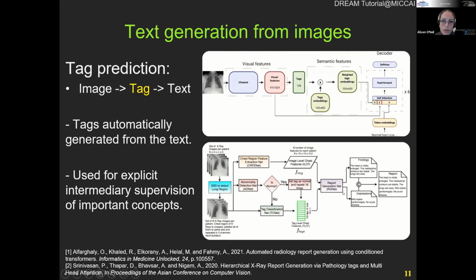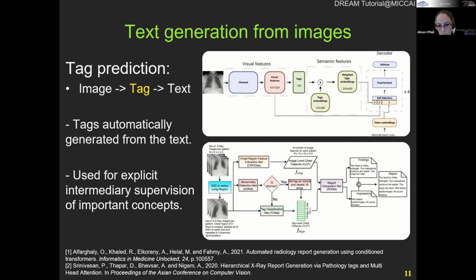Here's an example of text generation from images. We talked about report generation a little bit earlier. In this case, we are making use of the fact that we know something about what concepts should be reported on from the imaging. So there are a couple of papers out there that have not simply gone image to text, but have supervised the prediction of pathologies and other keywords, which they automatically discovered in the radiology reports, which are the ground truth.